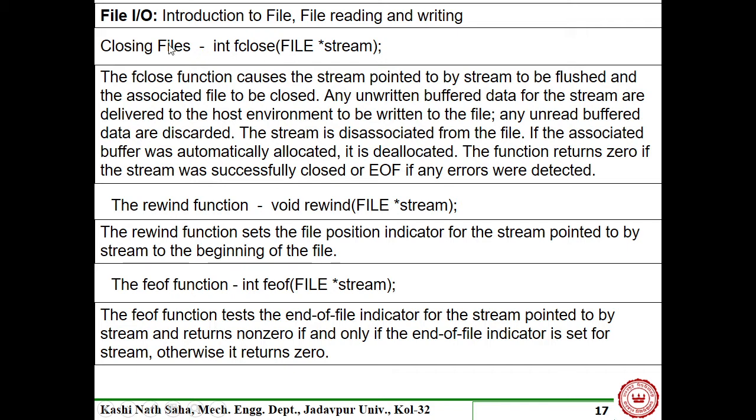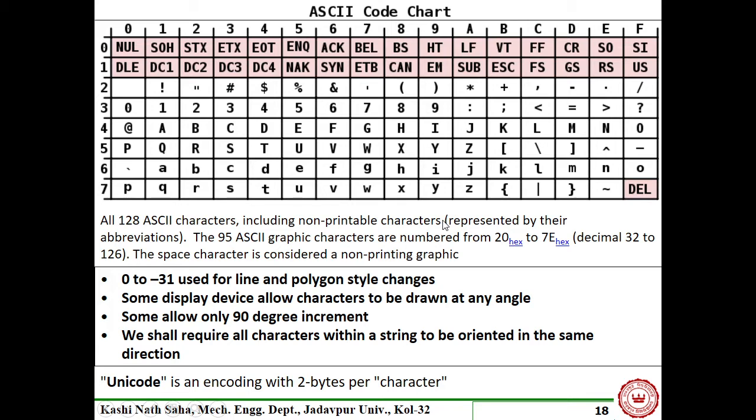Because if you close the file, the compiler or whatever it may be, the interpreter, whatever, it puts the end of file marker at the end of it. So this is the necessity basically. If it is not there, sometimes it becomes difficult to operate with a file. Right. Then this can be done by the rewind function. Other things are there. I am not going to discuss file IO.